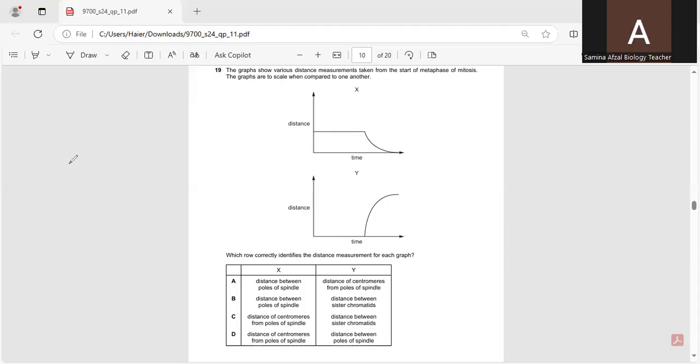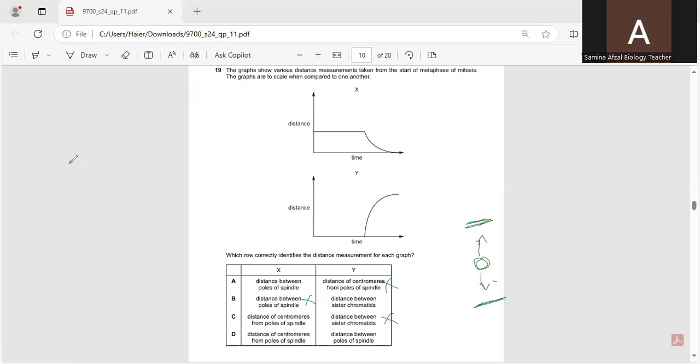Then the distance of centromere from poles of the spindle. No, this is not the correct option. Distance between poles of spindle, no. The distance of centromere from poles of the spindle. In metaphase these are the poles, and then the chromosomes start moving.